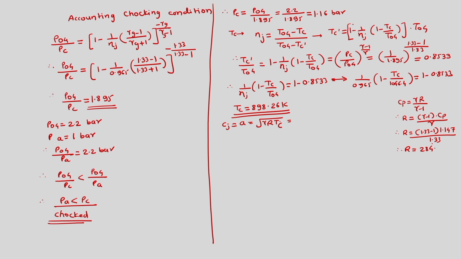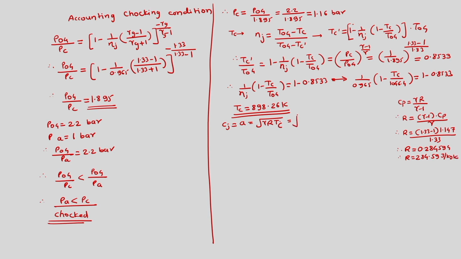This gives us R is equal to 284.59, times 10 to the power 3, since 1.147 is in kilojoule per kg Kelvin. So R in kilojoule per kg Kelvin is 0.28459, so R is equal to 284.59 joule per kg Kelvin.